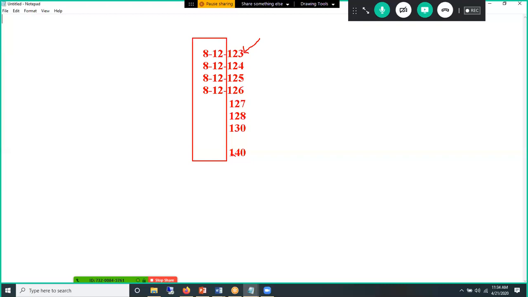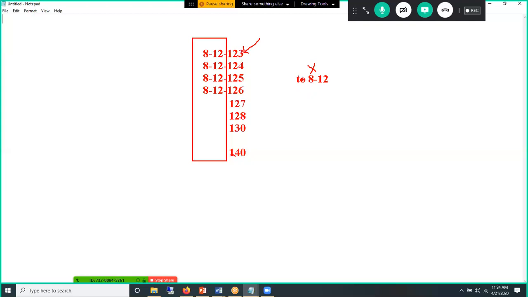Now the thing we need to understand is, if I try to send a letter and I write only 8-2, is it enough? Will that letter reach the destination? Will it go to that particular apartment? You say no, this is not the actual address. The actual address of my apartment is 123.